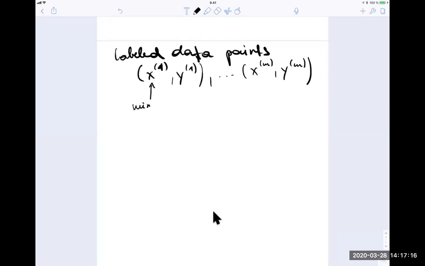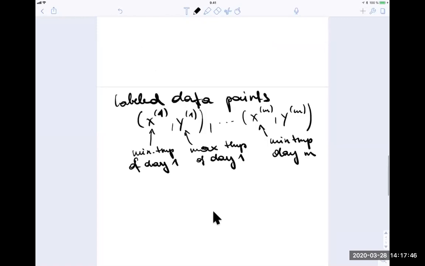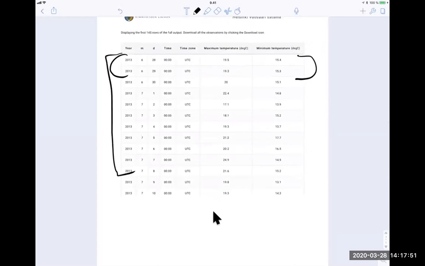This is the minimum temperature of day 1, and this is the maximum temperature of day 1. This here is the minimum temperature of day m. So this means these data points are obtained by m such rows.